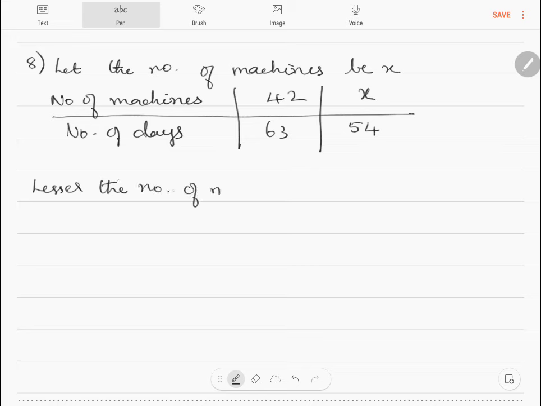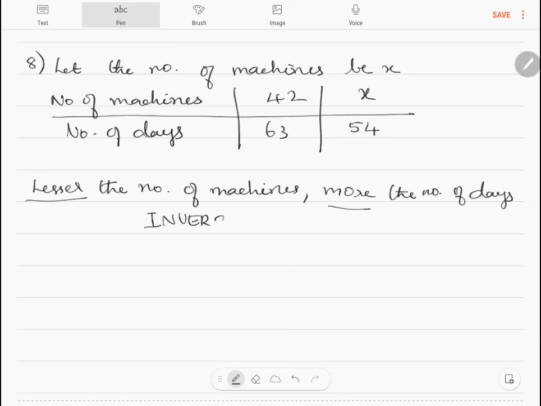Lesser the number of machines, more the number of days. So it is in the case of inverse proportion.